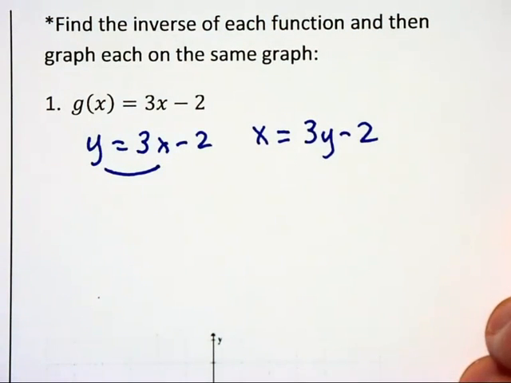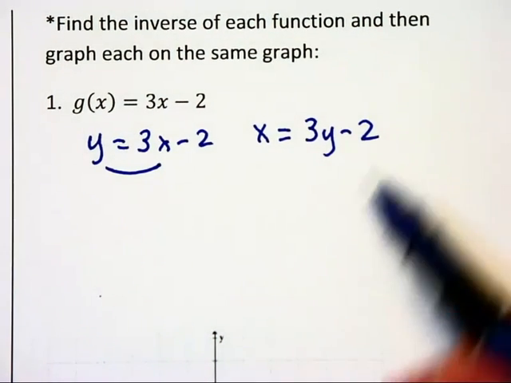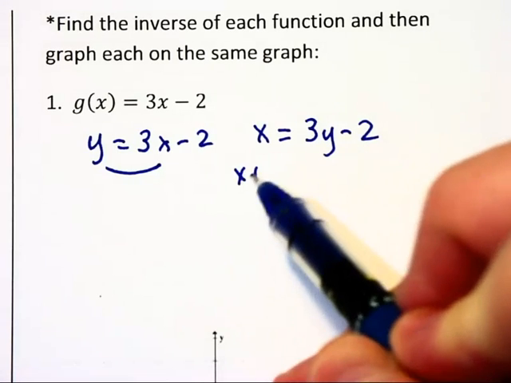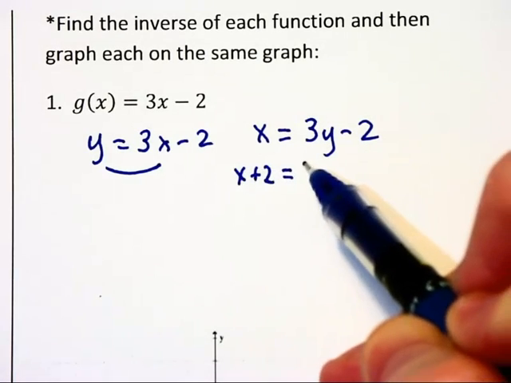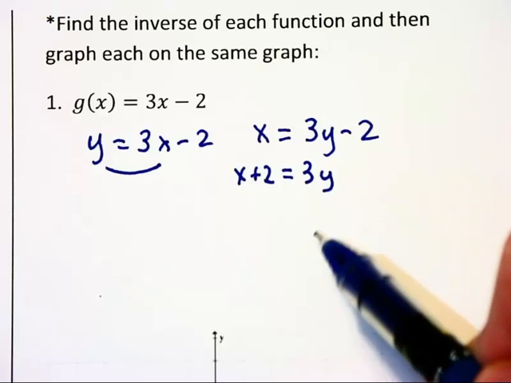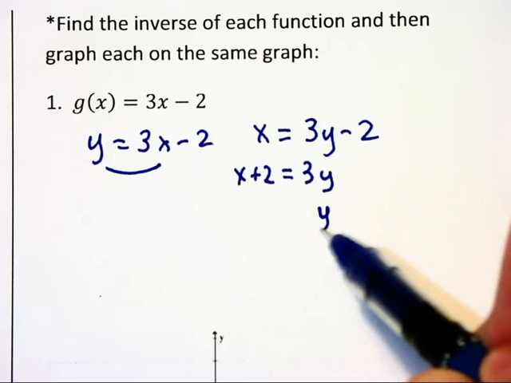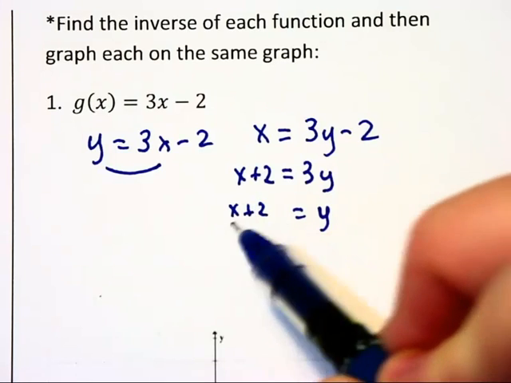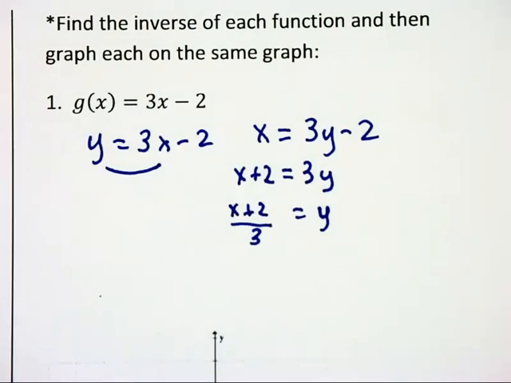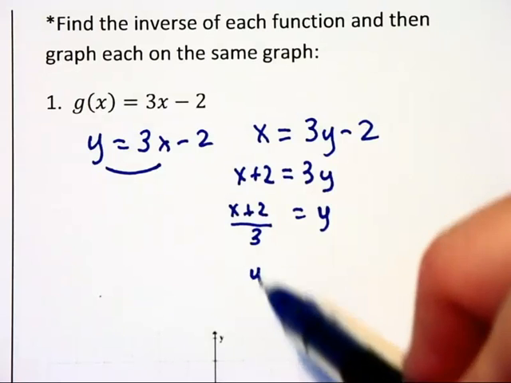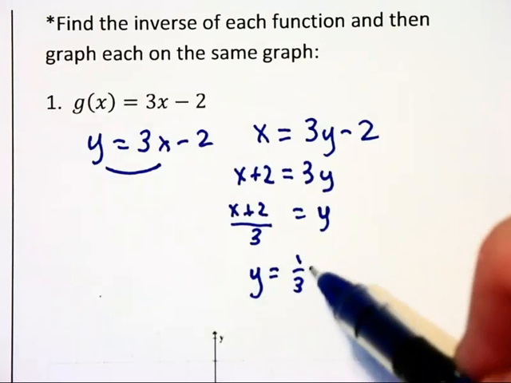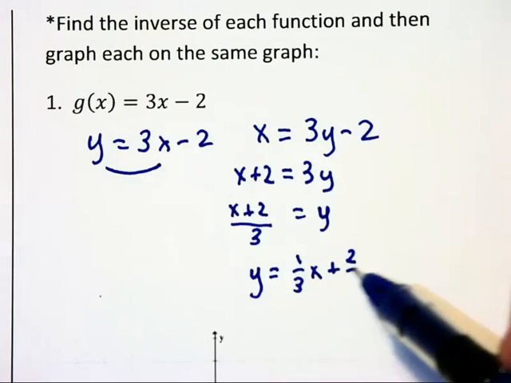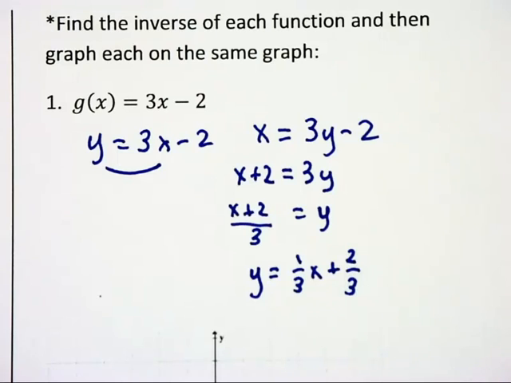Then I want to solve for the new y, which means I want to add 2 to both sides of the equation, giving me x plus 2 is equal to 3y. And then dividing each side by 3, I can isolate the y by itself, and we can have x plus 2 all over 3. I think you will be more comfortable writing this as y equals 1/3 x plus 2/3 so that you can see it in slope-intercept form.